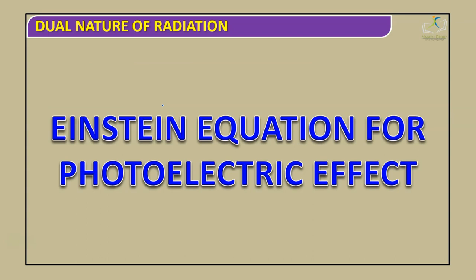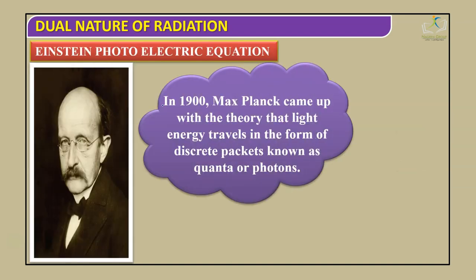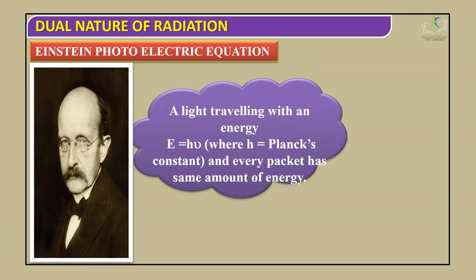Now we move on to the topic Einstein photoelectric equation for photoelectric effect. In 1900, Max Planck came up with the theory that light energy travels in the form of discrete packets which are known as quanta or photons.